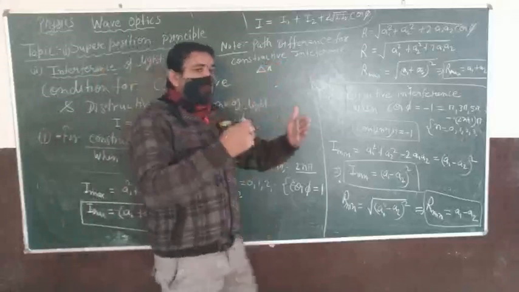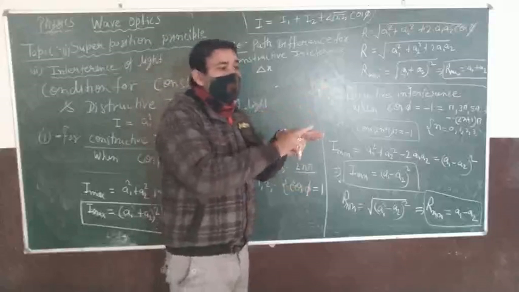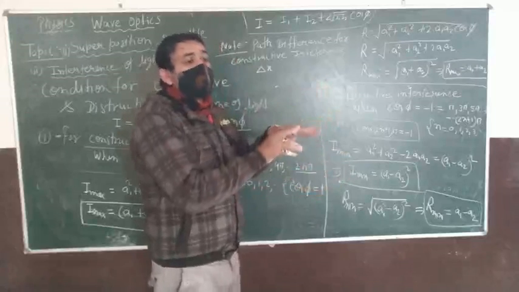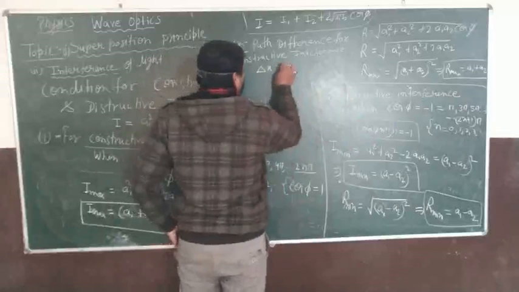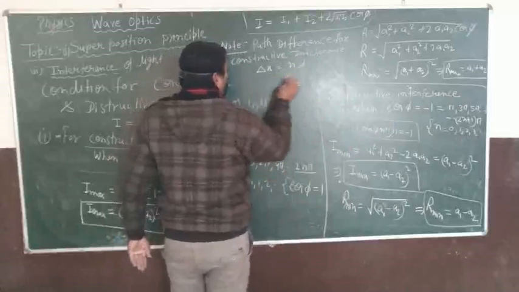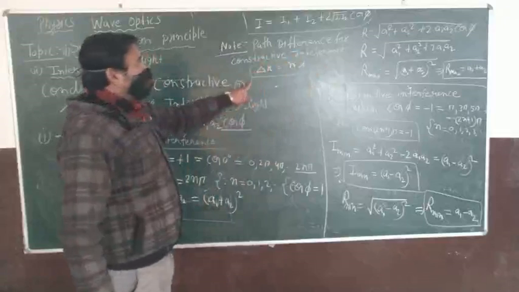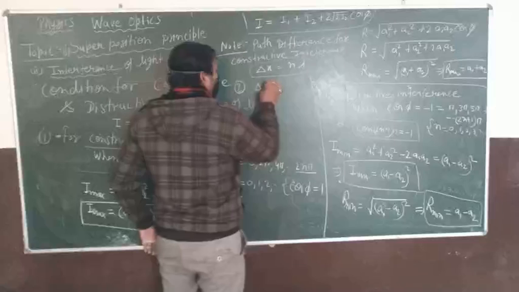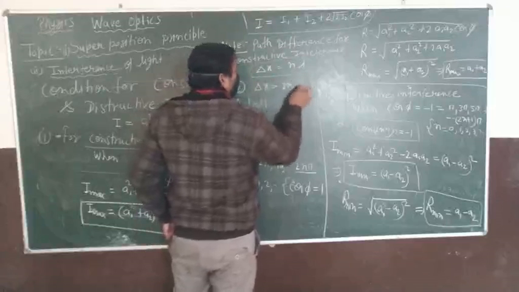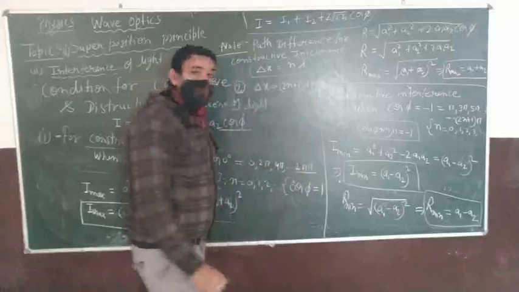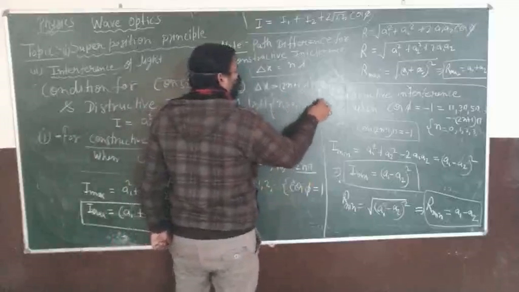Because the waves have a wavelength, when the waves are traveling, one wave travels by n lambda, and for destructive interference you have to write del x is equal to 2n plus 1 by 2 lambda, where n is equal to 0, 1, 2 and so on.